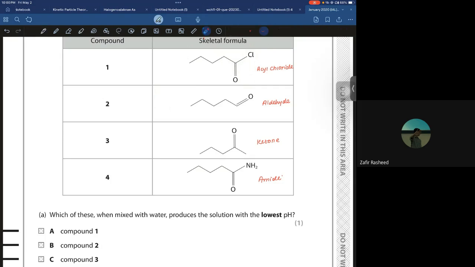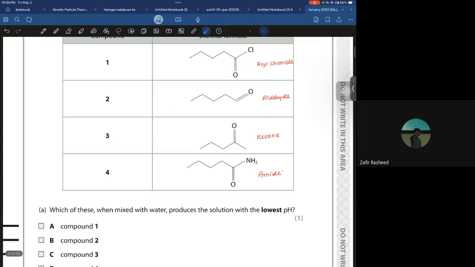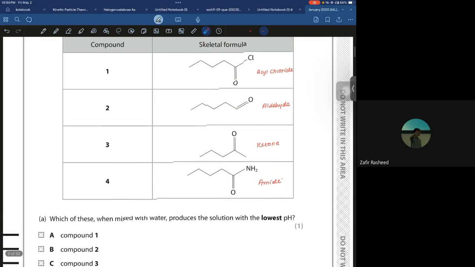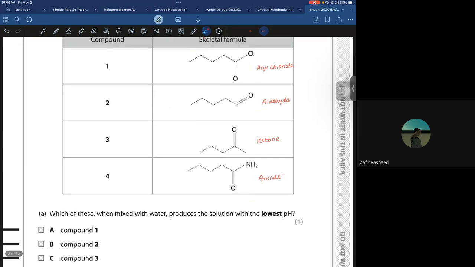When you mix aldehyde into water, it's not going to produce any acidic solution. Remember, we have one and only thing, that is acyl chloride.